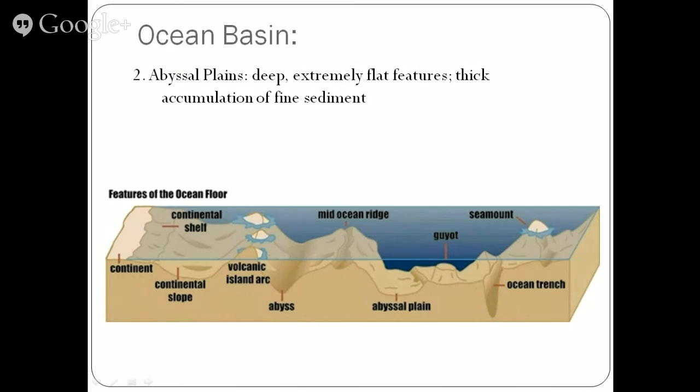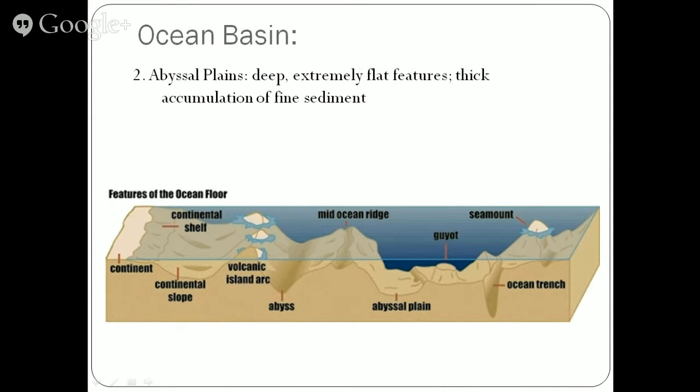Our second thing we want to notice on the ocean basin is our abyssal plains. These are very flat features, extremely flat features. And what happens over time, we know that water and streams and rivers are going to end up in the ocean. So in turn, that sediment will end up in the ocean.